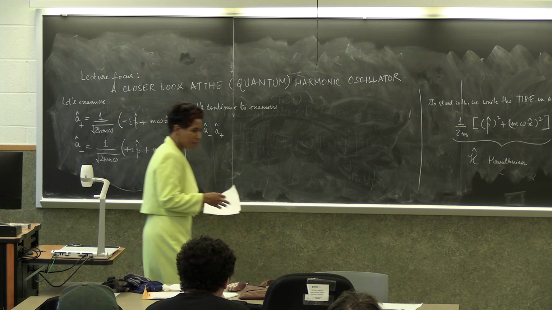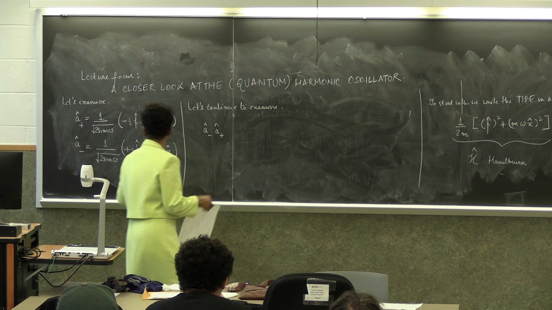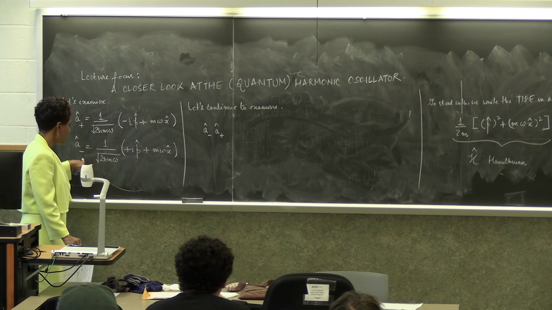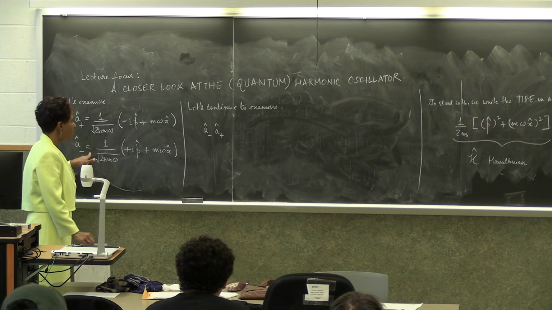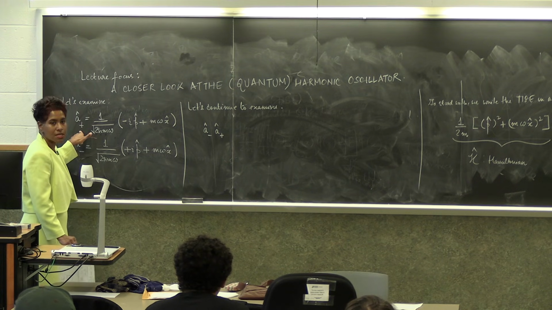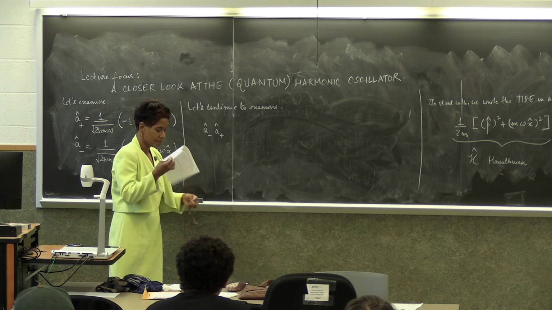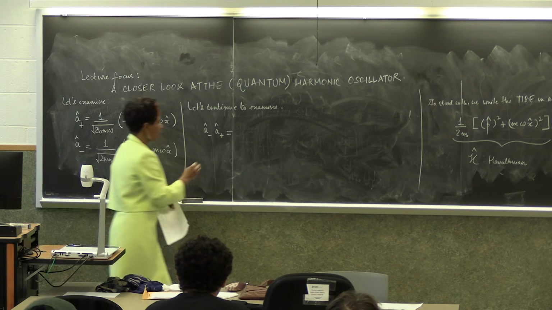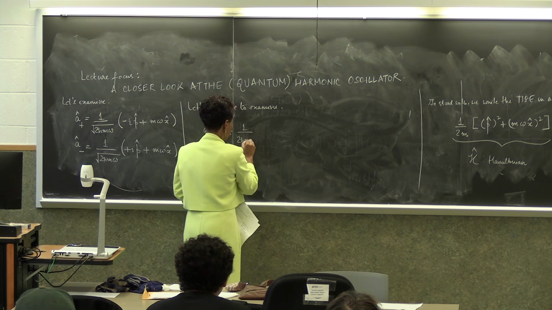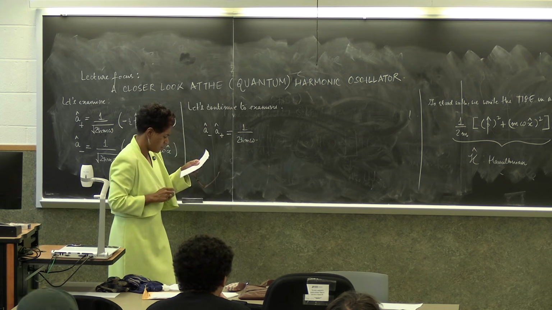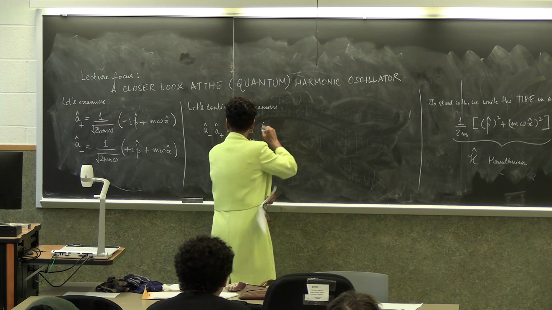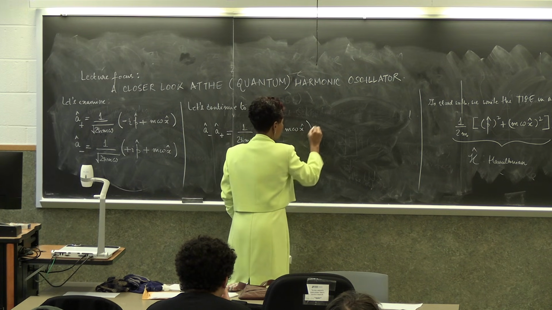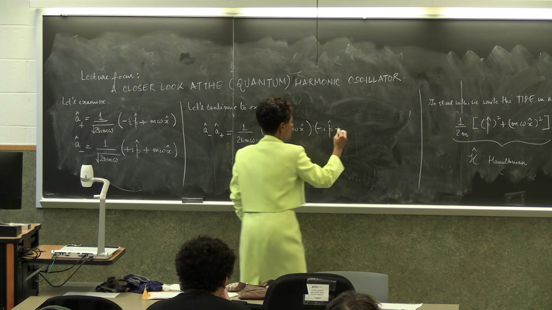Okay, hard slog coming up. Take a deep breath. Here's the definition of A plus, which comes with a negative sign here. Here's the definition of A minus, which comes with a positive sign here. We want to multiply in the order this times that, A minus times A plus. So let's do that. The prefactors under the square root multiply with each other, getting rid of the square root. 1 by 2 h bar m omega times, let's write it out, i p plus m omega x times minus i p plus m omega x.